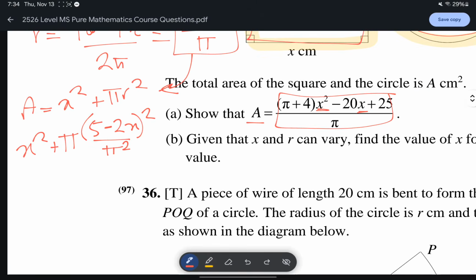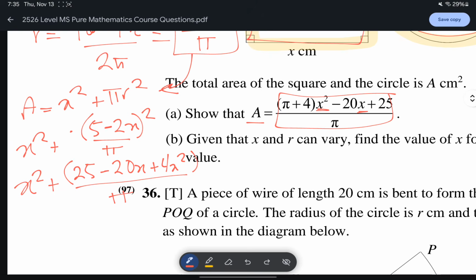We'll simplify some more. This pi cancels out with one of the pi squared, so this part we can remove. Now this top part we're going to expand. So it's x squared plus 25 minus 20x plus 4x squared all over pi. This is after we expanded the top part.